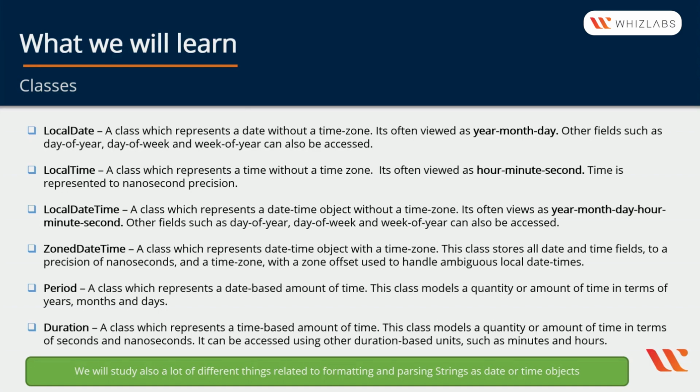Finally, we have Duration, which is a class that represents a time-based amount of time. This class models a quantity or amount of time in terms of seconds and nanoseconds. It can be accessed using other duration-based units, such as minutes and hours. Duration can be 6 hours or 70 minutes or 23 seconds or a combination.